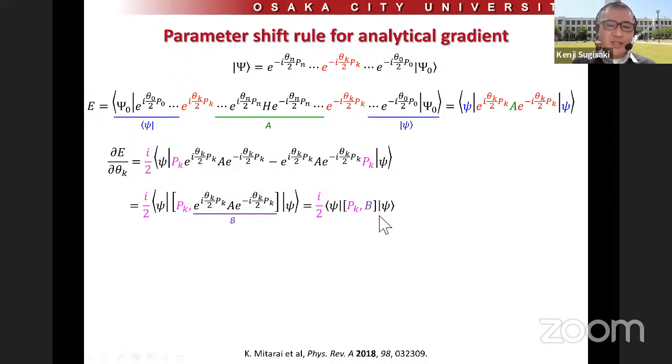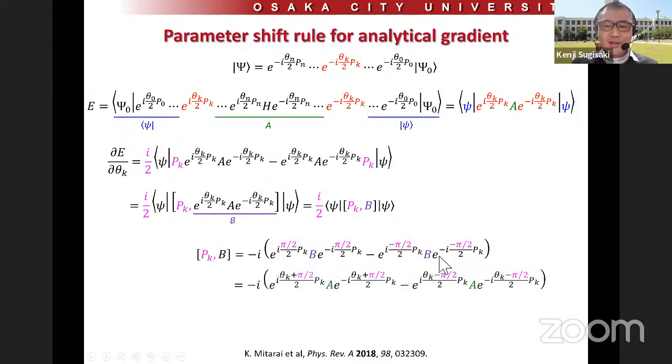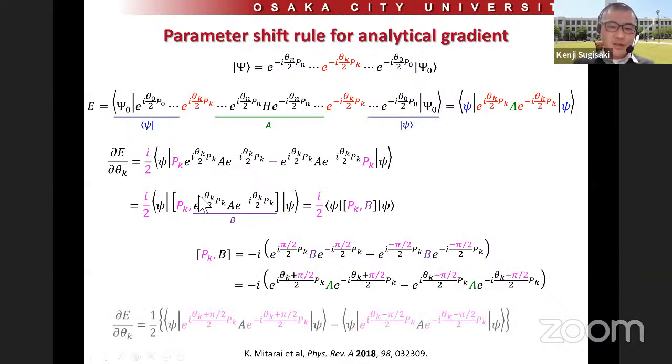Importantly, this commutator can be calculated by using this equation. We can rewrite this B operator by using the original A operators. The result can be shown here. So substituting this equation into this equation, we can obtain the gradient by using these terms.